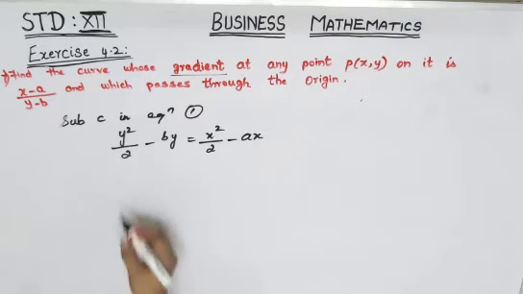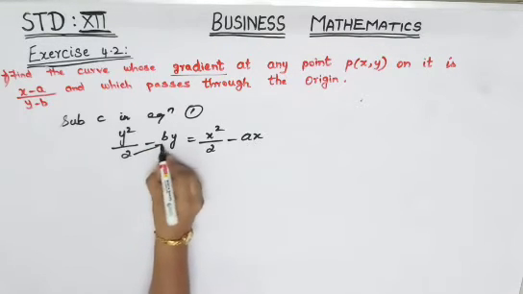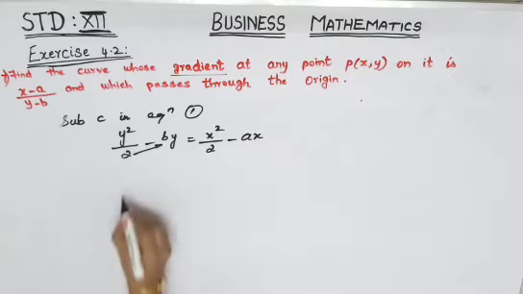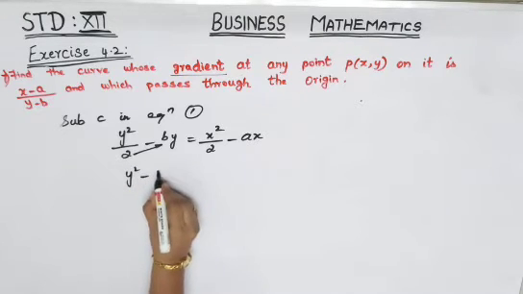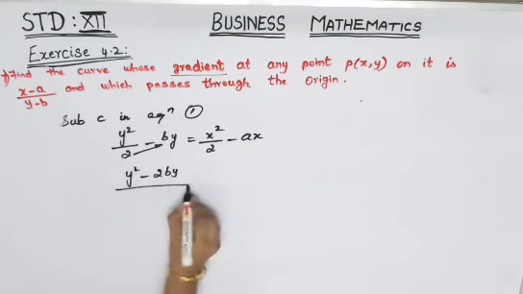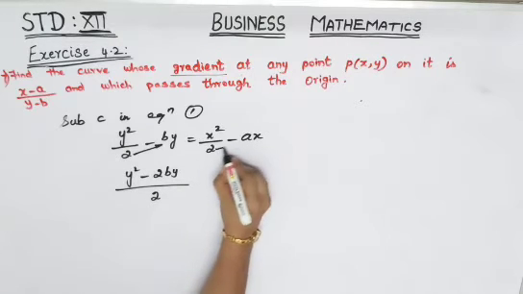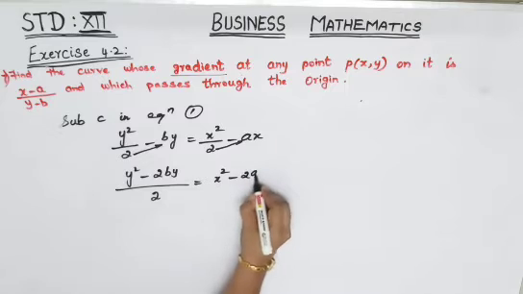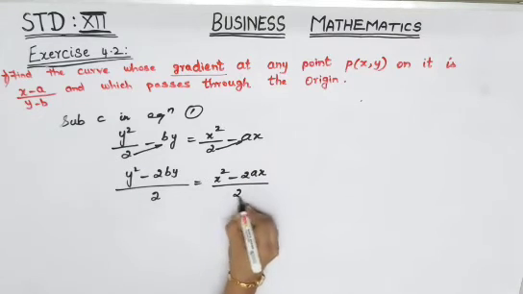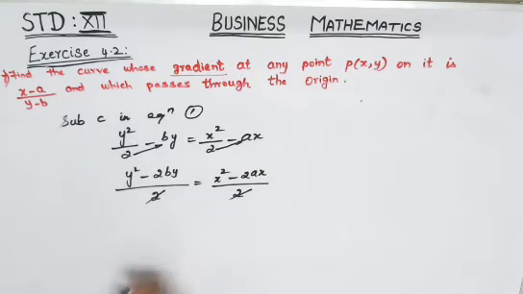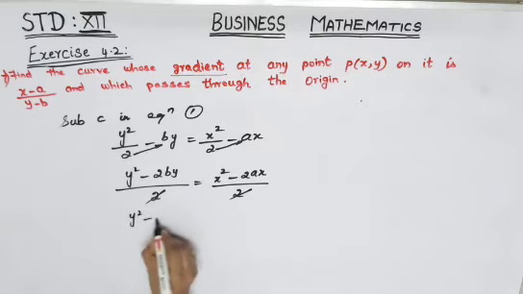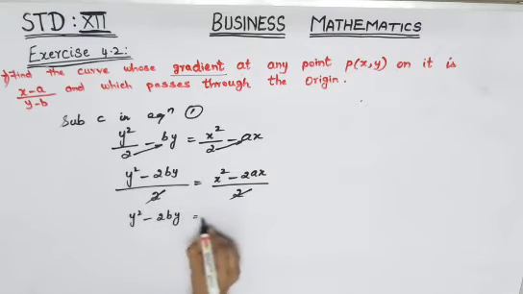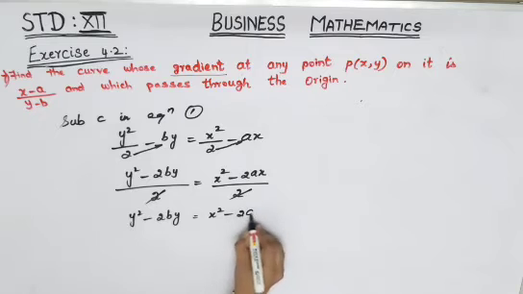Now cross multiplying: (y square minus 2by) divided by 2 is equal to (x square minus 2ax) divided by 2. Now cancel the 2 and 2. So y square minus 2by is equal to x square minus 2ax.